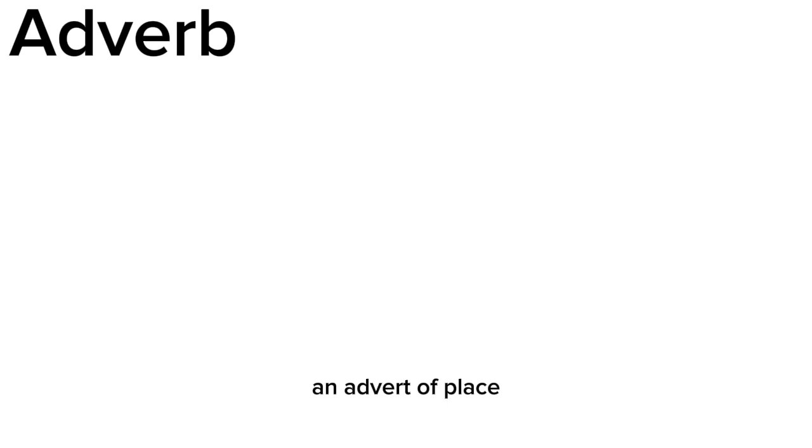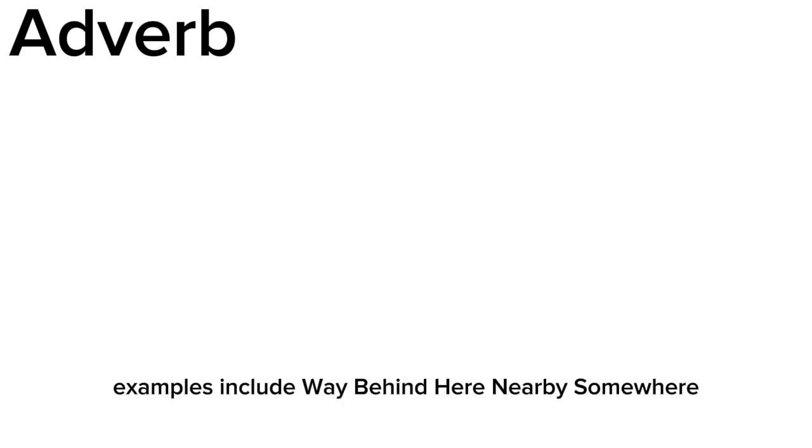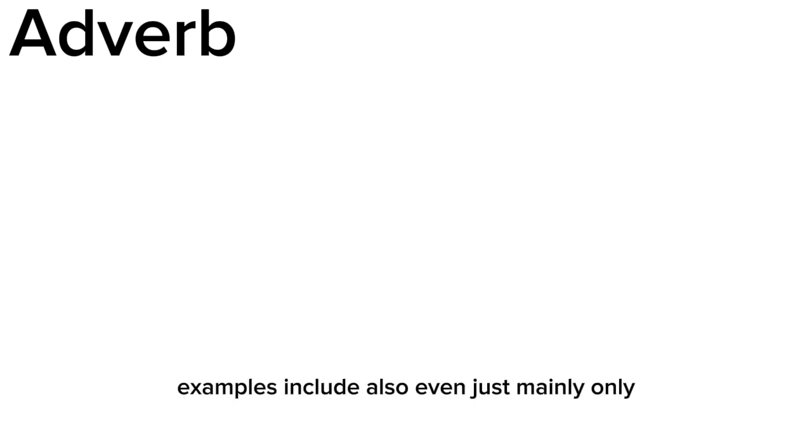An adverb of place is an adverb that shows where an action or something occurs. Examples include away, behind, here, nearby, somewhere. The adverb of focus is an adverb to focus attention on a part of a sentence. Examples include also, even, just, mainly, only.